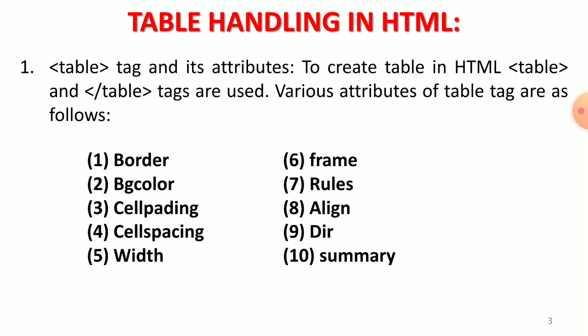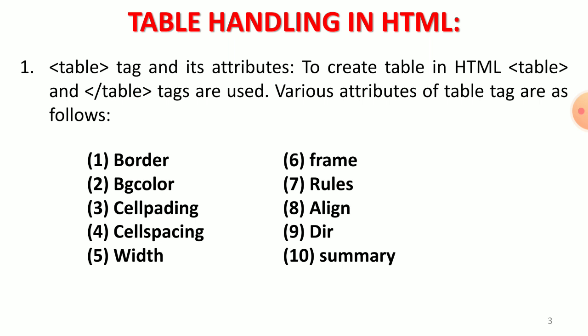Next, third, cellpadding. This attribute is used to create a space between the edge of a cell and its contents, as per its name. It adds some space inside each wall of the cell of the table. The value can be specified either as a percentage or in pixels.